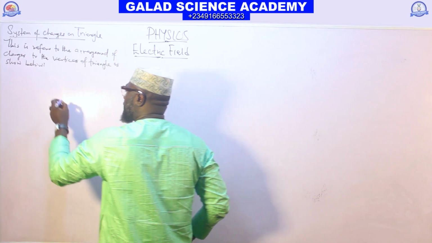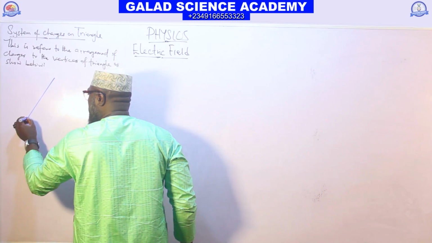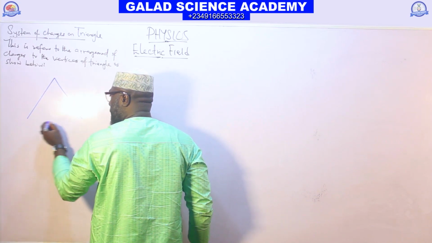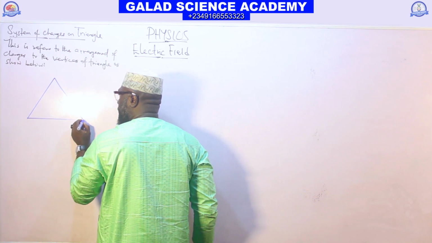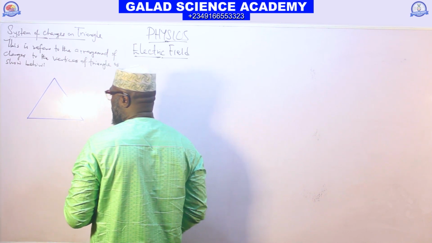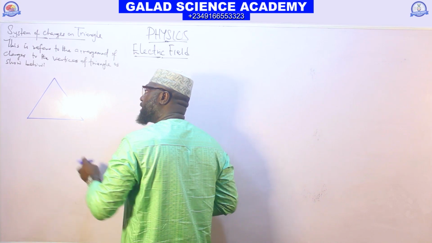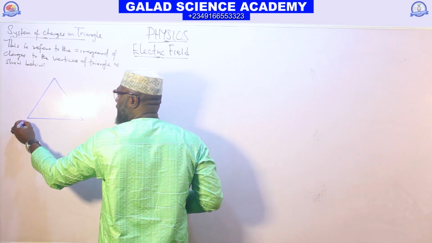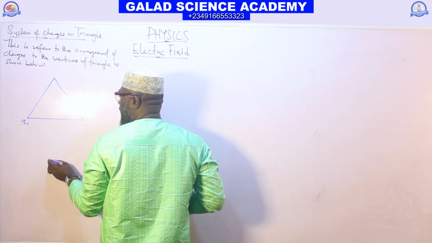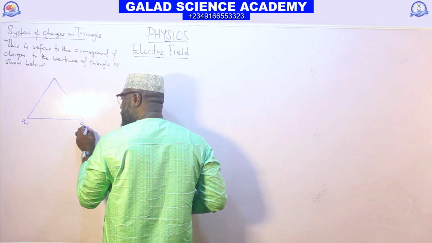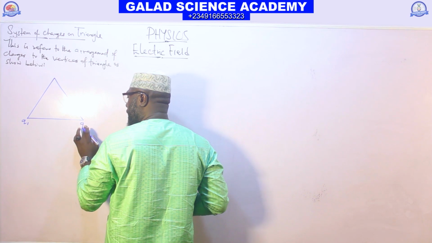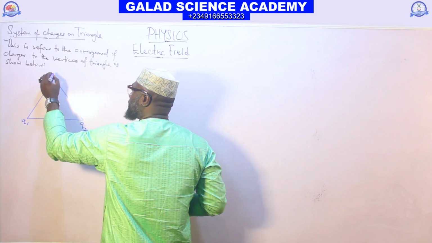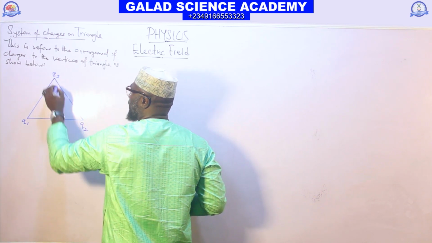So that is, if we have a triangle in this form, so in this is a triangle now. If I put charge Q1 here, charge Q2 here, and charge Q3 here.